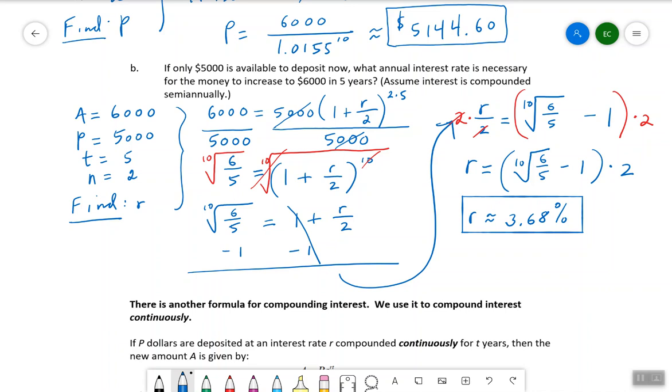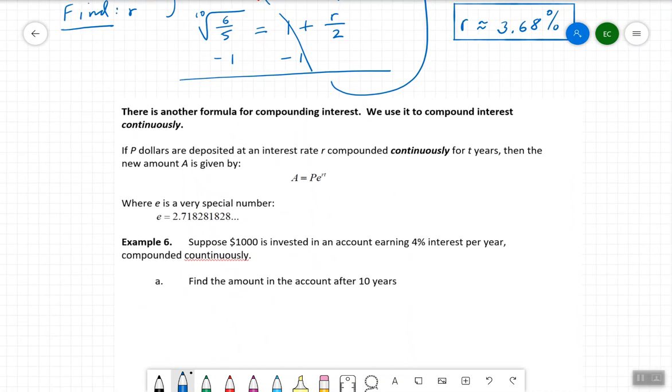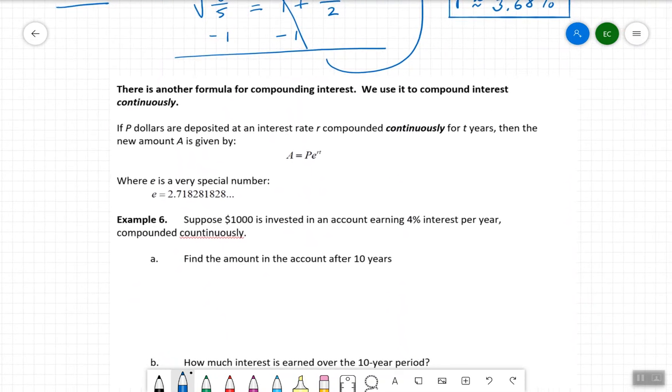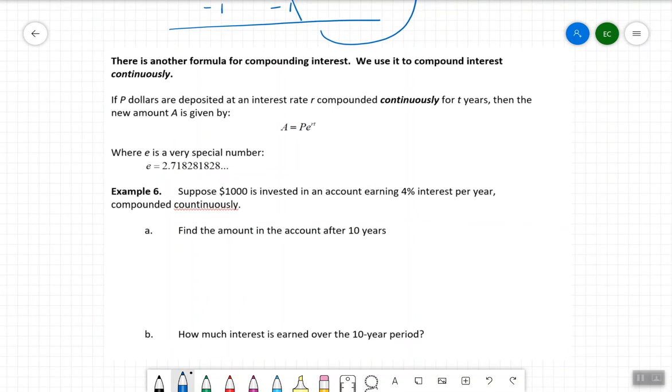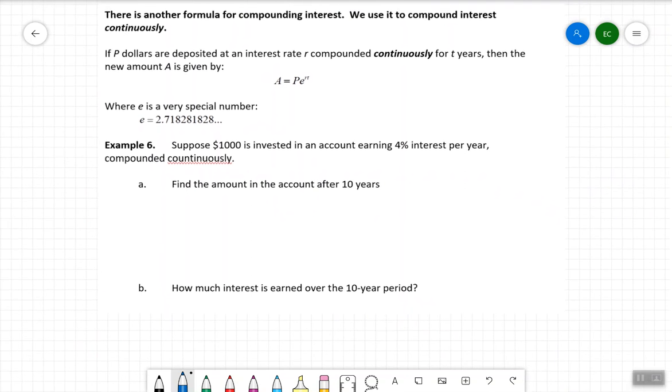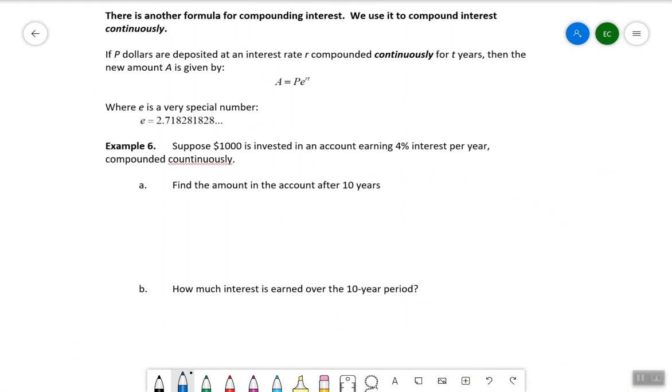Okay, one more thing I want to show you. There's another formula for compound interest. The idea is that we are going to compound the interest continuously now. And so that might seem a little strange. What we found is that the more often we compound our interest, the more money we make.